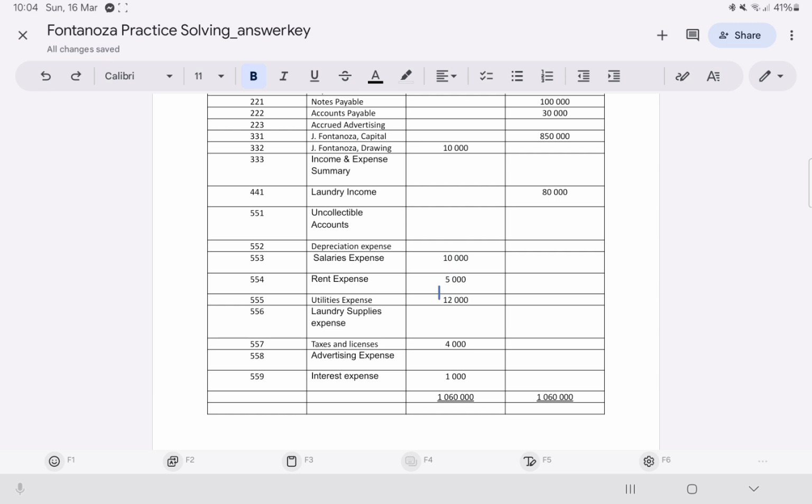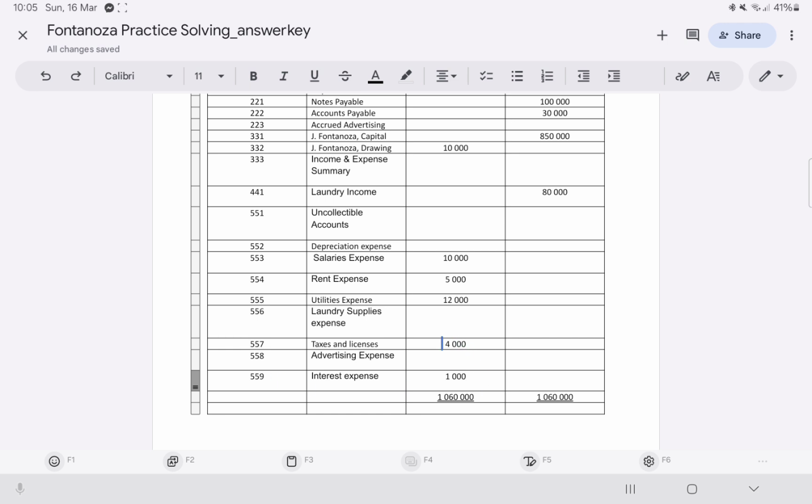Debit all the salaries expense and the utilities expense, 12,000. So, we have no data in laundry supplies expense. So, we have taxes and licenses together with the account numbers here. In taxes and licenses 557, we have 4,000, and advertising is no data yet. And interest expense is 1,000. 559 is the account number.